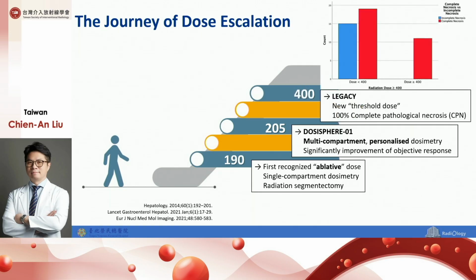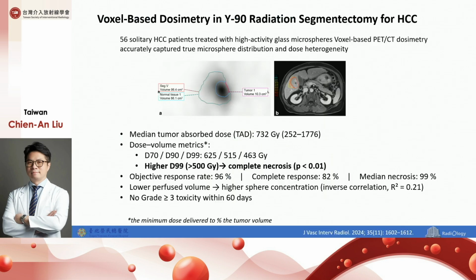Then the LEGACY study shows a new threshold dose, with 100% complete pathological necrosis (CPN). If you can achieve that based on the voxel-based calculation, you can achieve a complete response. There are several studies of voxel-based dosimetry in radiation segmentectomy for HCC.